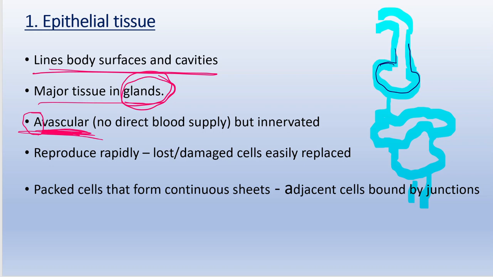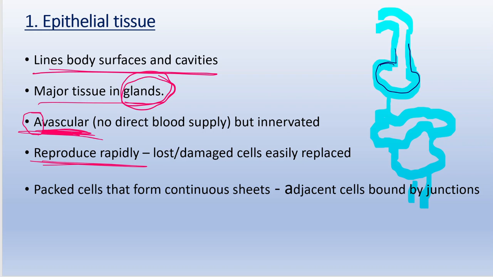The other key characteristic of epithelial tissue is that it reproduces rapidly, which means the cells can break down quickly, but they can also replace themselves fairly quickly. And this makes sense because if you line body surfaces and cavities, then those things are going to be more freely able to be damaged or worn down.